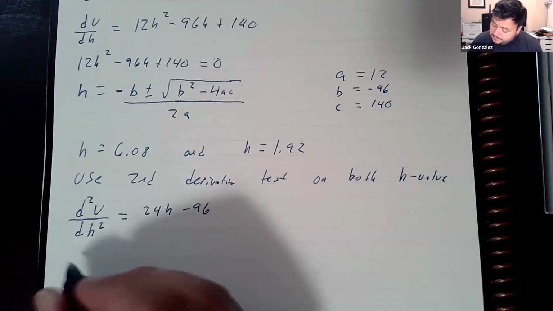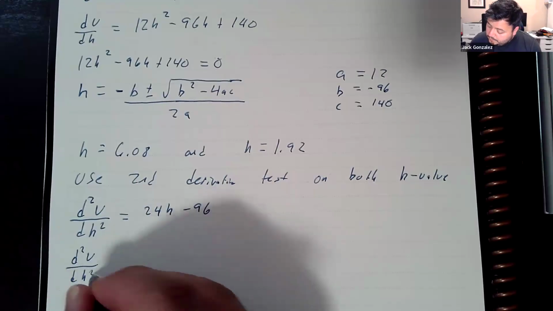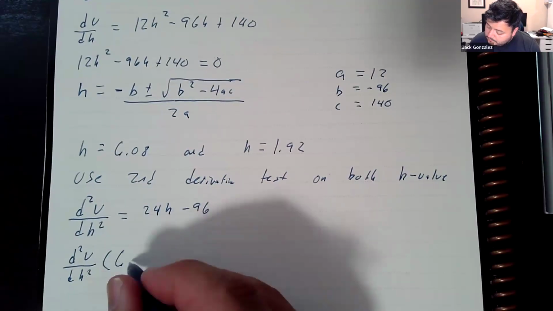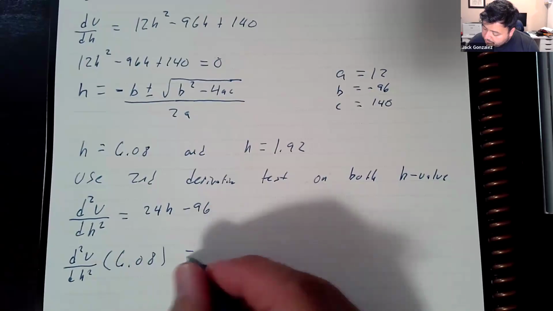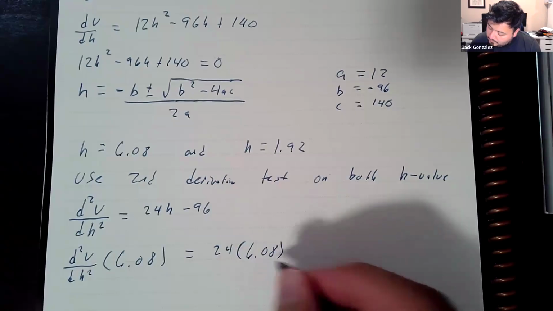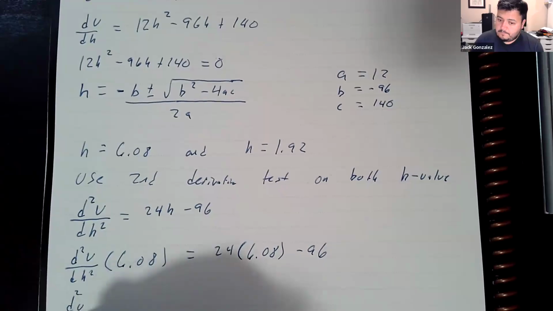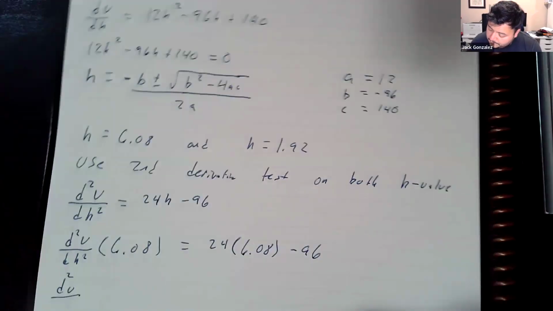So plug in 6.08. Find out if it's positive. Do it again on the other one.